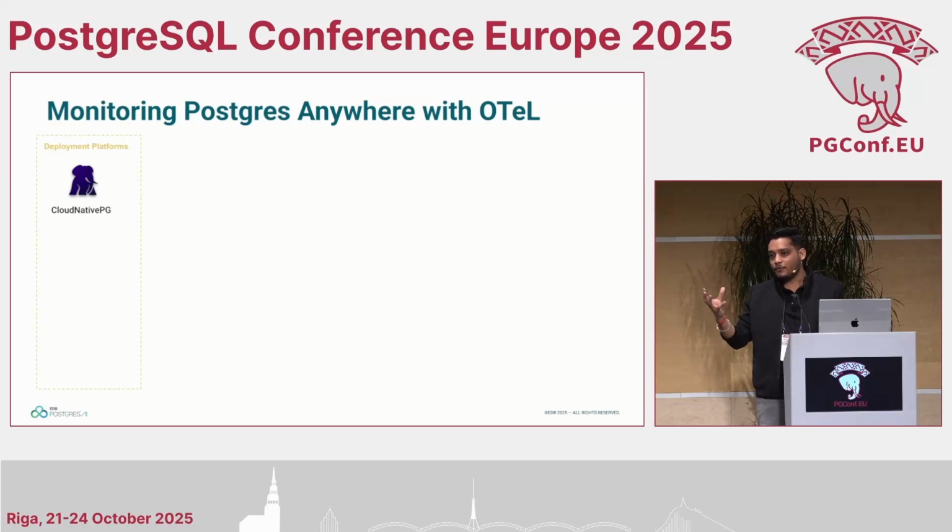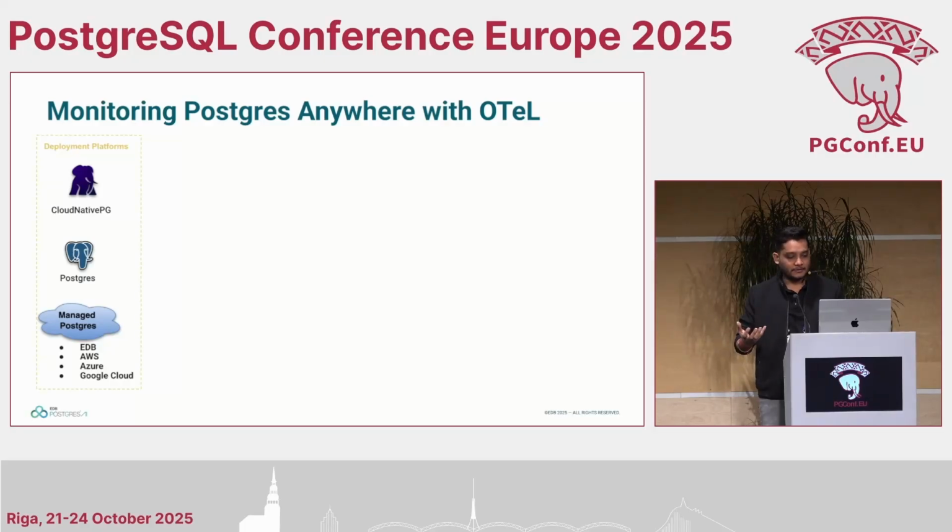I'm deploying my Postgres in Kubernetes using the CloudNativePG operator. Then I can deploy it on bare metal. In my demo, I will try to deploy it on my system locally. And then we can also monitor any kind of managed service provider, like AWS RDS, Aurora, or Big Animal.